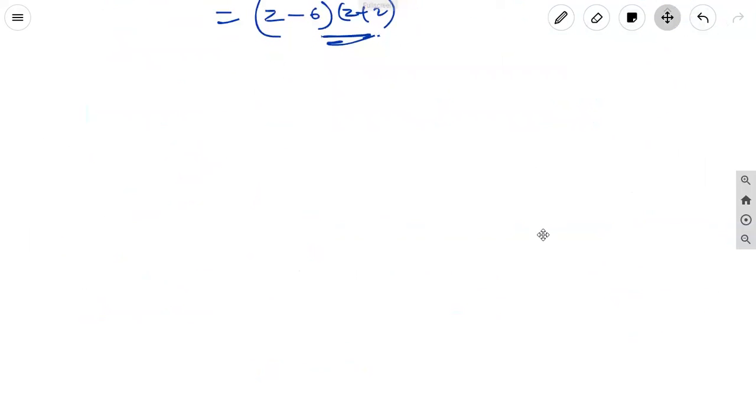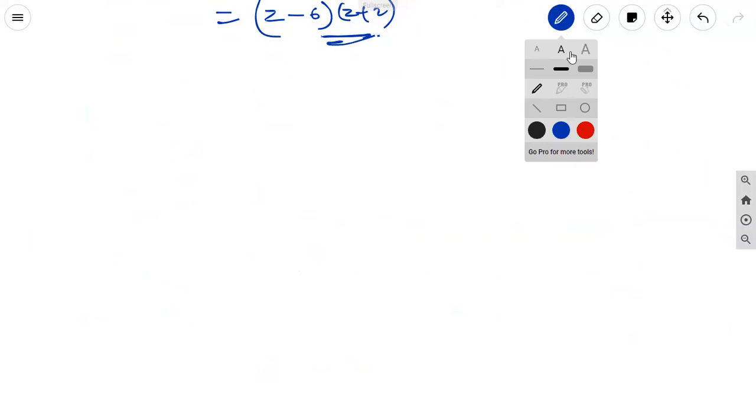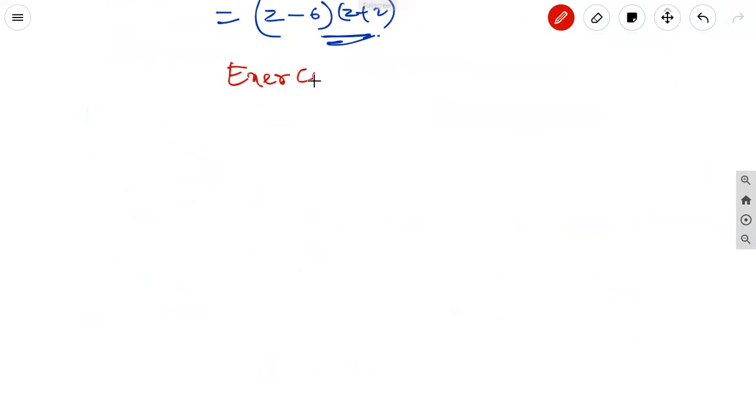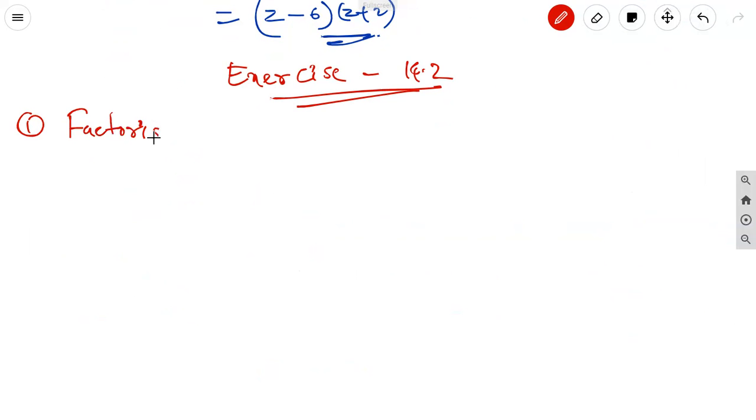Next, we go to exercise 14.2. The first question: factorize the following expressions.